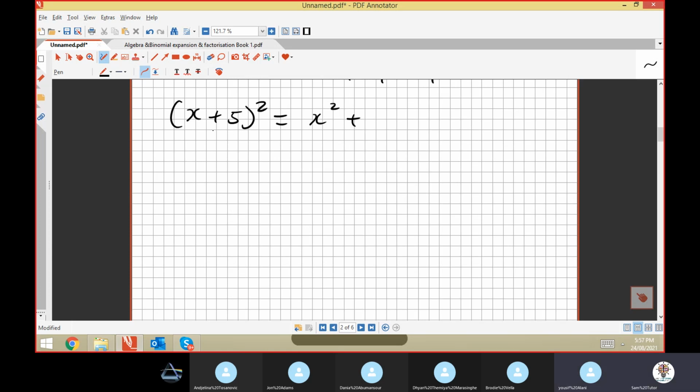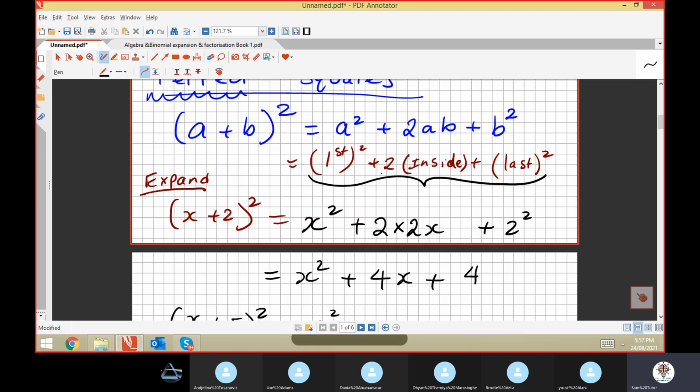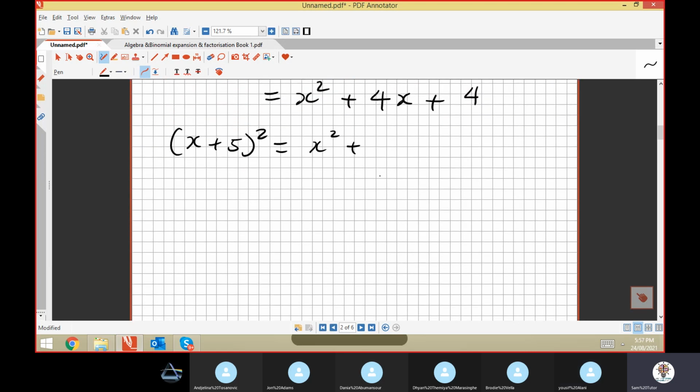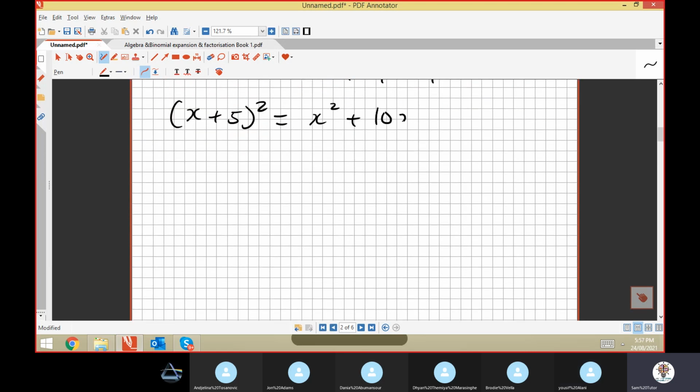And then 25. Wait, what am I writing in the middle here? It's 2 times the inside. So the inside is 5x. Is it 10x? That's it. You had said that before, but you didn't say it the second time around. 10x plus 25. 2 times the inside.